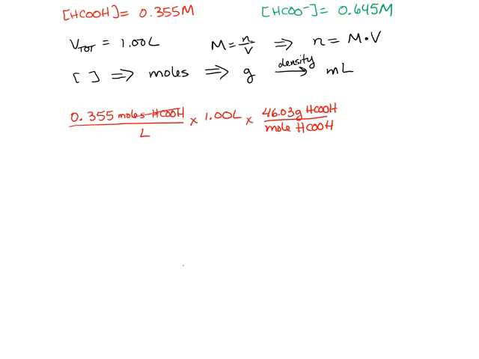Canceling units, we figured out how many grams of formic acid that we want to add. But since this is provided as a liquid, we're going to continue and include the density so that we can convert this to a volume that we can dispense with our pipette. Multiplying that all out, we find that we'll need to add 13.39 milliliters of the formic acid liquid.